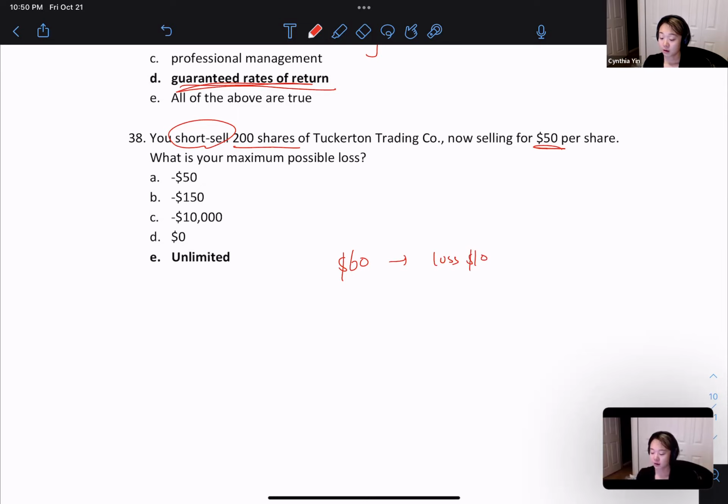Theoretically, the price can go to any positive number, so your potential loss is unlimited, because the price might go to infinity, although it can never actually do that, but theoretically it can go all the way to the sky. So your maximum loss will be unlimited.